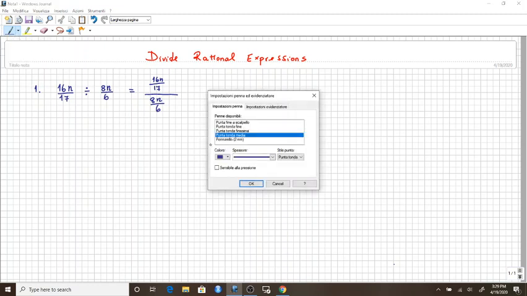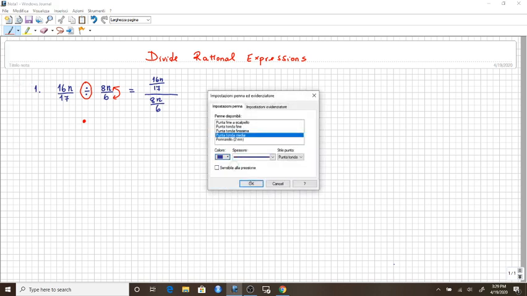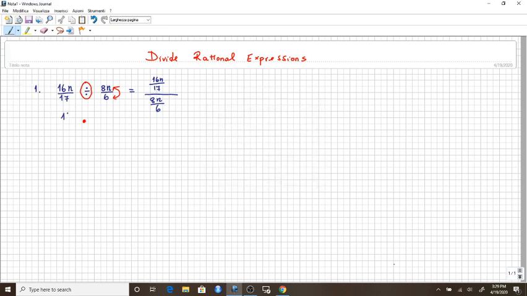Remembering what we just did with numbers, this division sign can be converted into a product. So just put a dot here, as long as we flip the numerator of the second fraction with the denominator. We keep 16n divided by 17, and now multiply this by the reciprocal of 8n divided by 6, which is 6 divided by 8n.